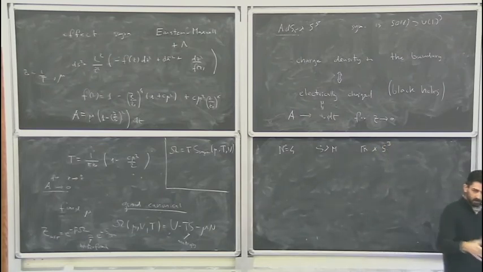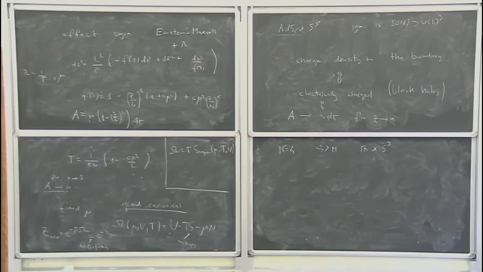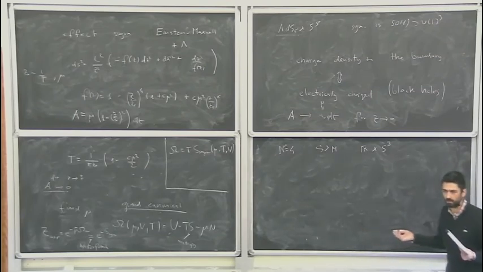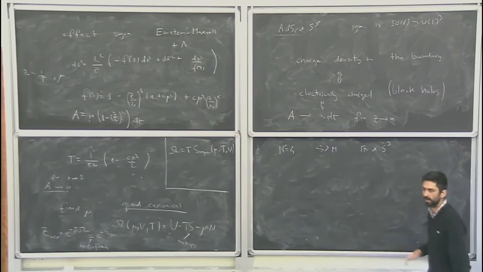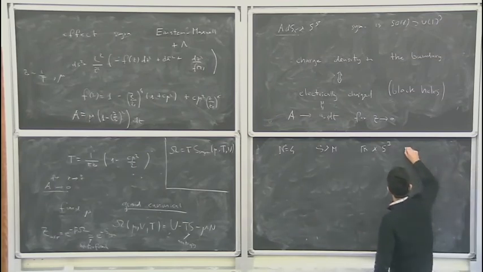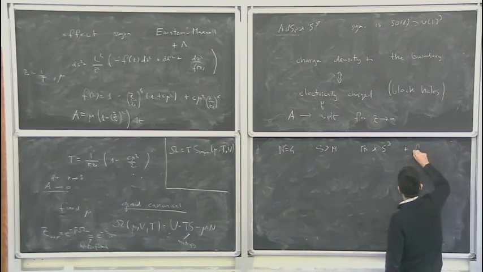So we are really putting the theory in a compact space, which is a bit like putting it in a box, but doing it more gently, putting it on a 3-sphere. We can do that independently of any temperature. So this is a possible direction. One could study this with supersymmetry, for example, and there is some very long and interesting story. But now we add finite temperature.